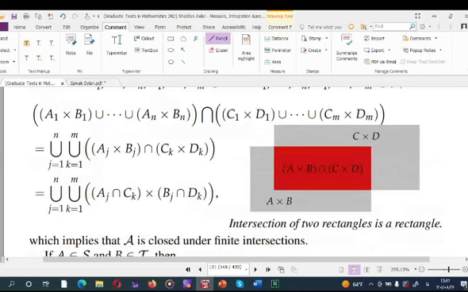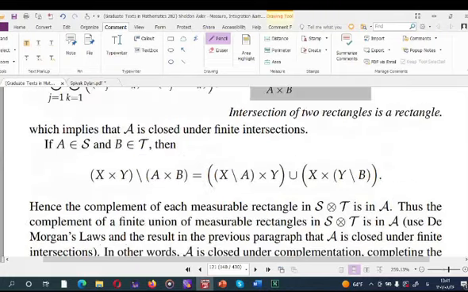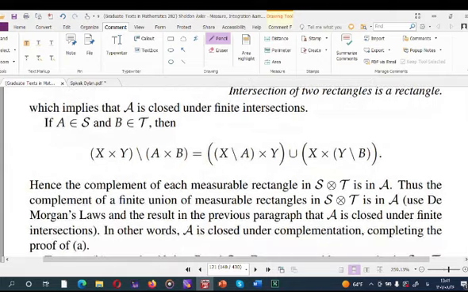It's trivial. A is closed under finite union, and by this fact that A is closed under finite intersection, we see that A is closed under complementation, so that A is an algebra.